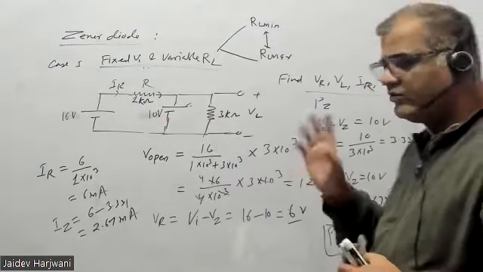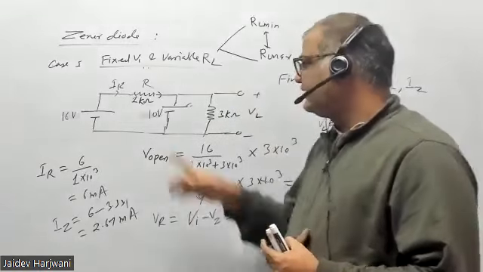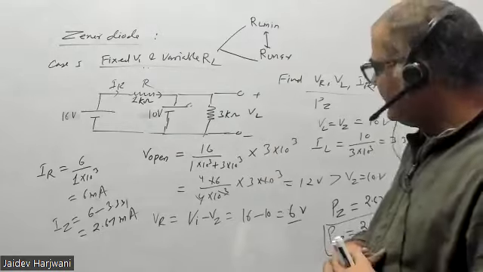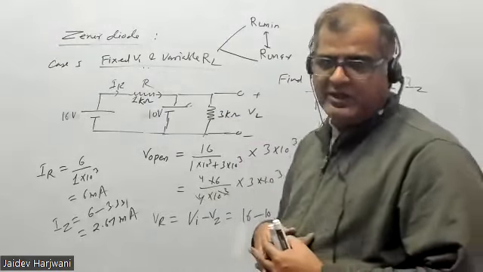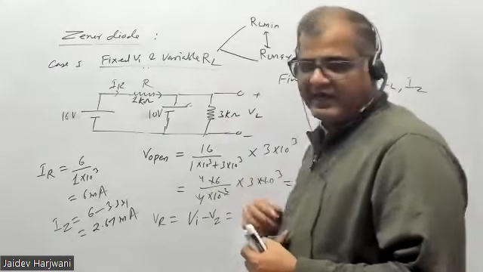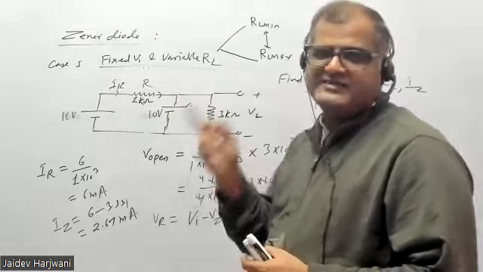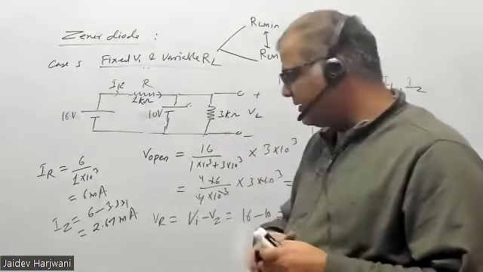With 1.2 kilo ohm in the earlier question, you got V open equal to 8.72 volt, and now with 3 kilo ohm, you got V open equal to 12 volt. So there will be some value of RL for which V open will be exactly Vz. That value is called the RL minimum.